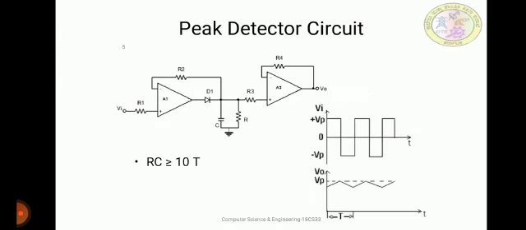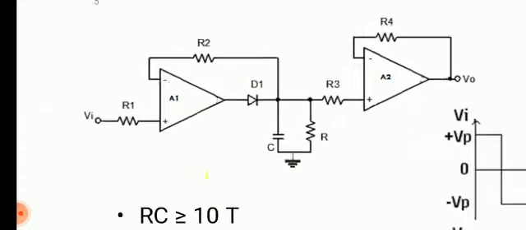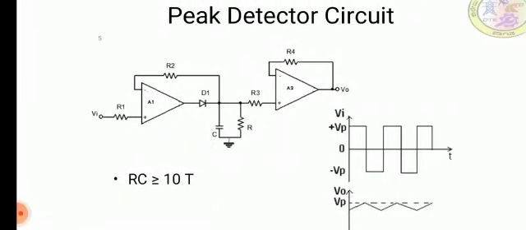You can see there how the peak detector circuit is constructed. It consists of a diode along with the op amp. As shown, the circuit does not require any complex component in order to determine the peak of the input waveform.